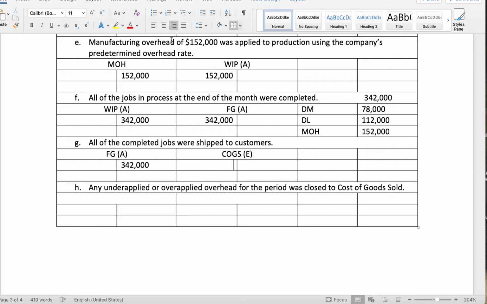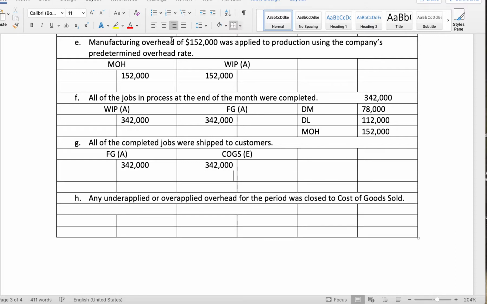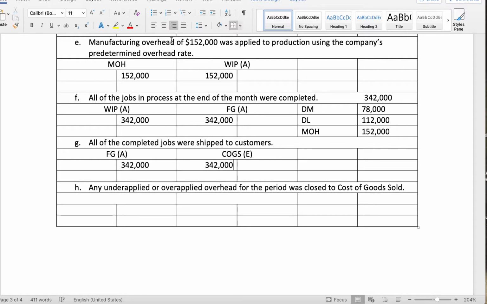We are increasing our cost of goods sold because we are adding that cost to the cost of goods sold on the income statement. So I'm going to debit this for $342,000.